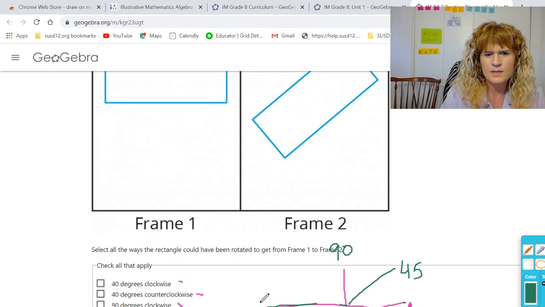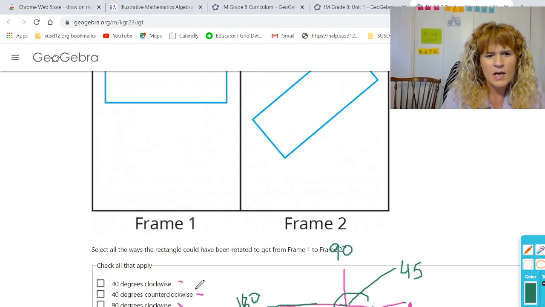Straight to the left is 180 degrees. Straight down is 270 degrees. And if you go all the way back to your starting point, that is 360 degrees. Okay, let's look at these.